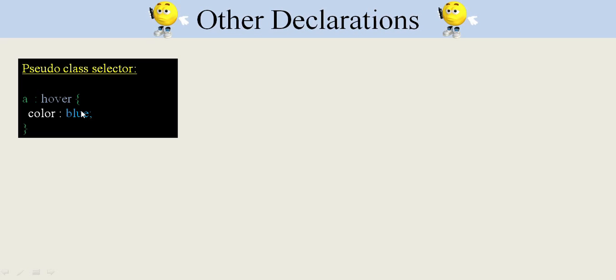In this example, I am giving the pseudo class selector for hover, to hover over the hyperlinks. This is one type of way to declare our selectors in our CSS file, right?